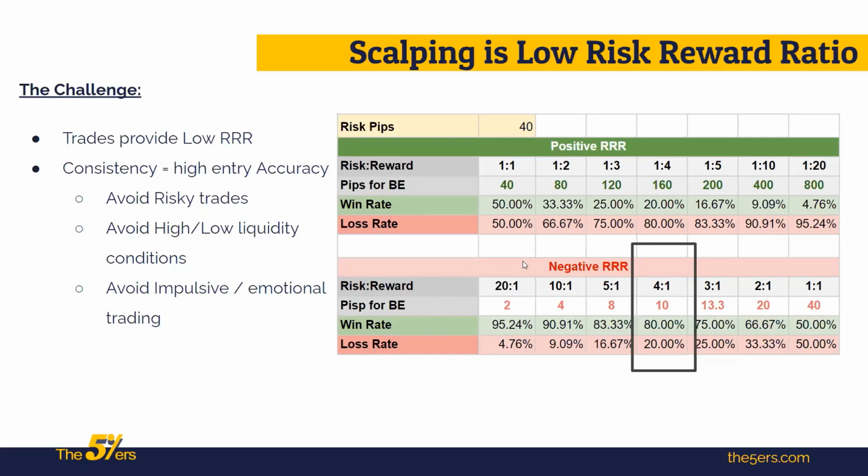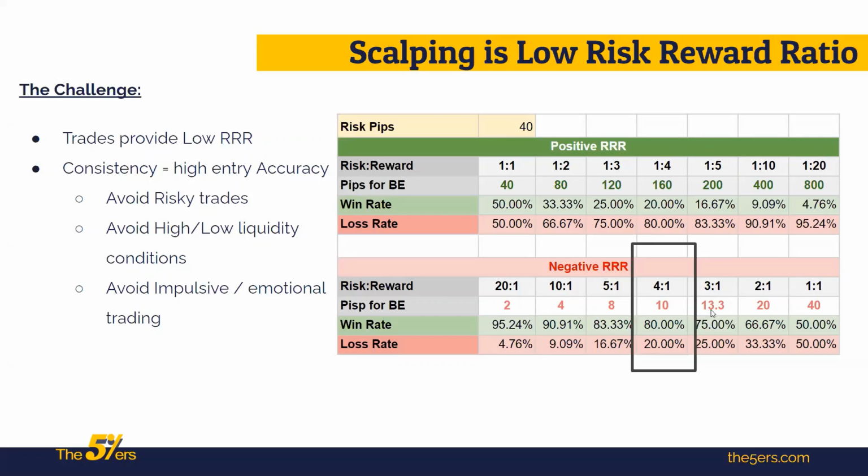I'm saying, let's see what will make me a break-even trader if I risk much more than I'm willing to take, meaning I'm willing to risk 3 times more than I'm willing to take. Let's say I'm risking 40 pips.